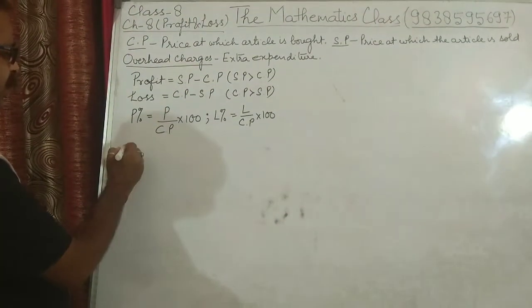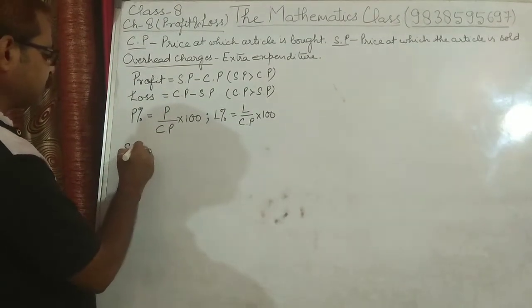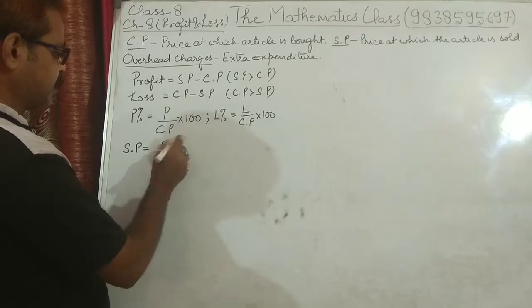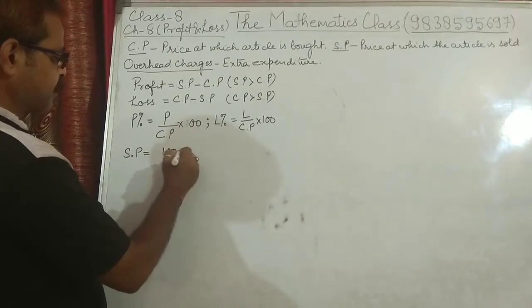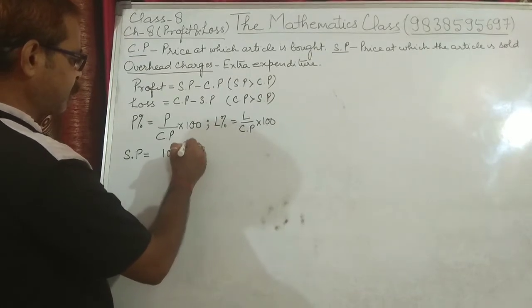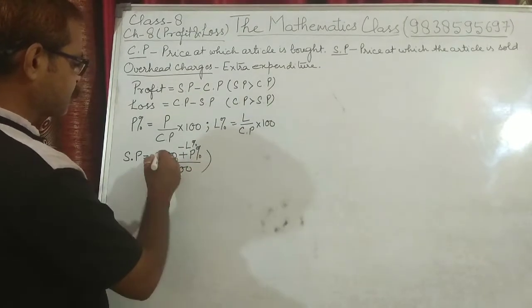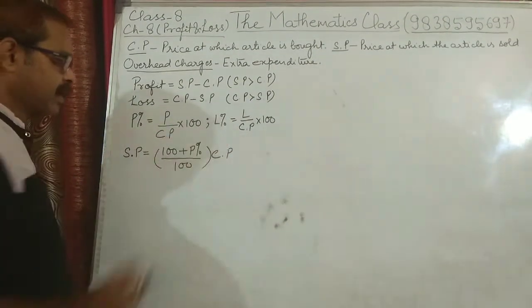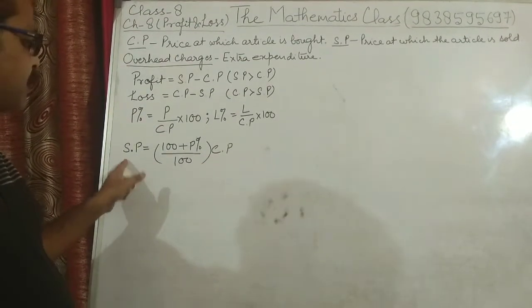Now there is one more formula that directly gives you selling price. Selling price is, if it is profit, then (100 plus profit percent) upon 100 into CP, or minus loss percent. What is the meaning of this? I'll discuss it later. If you know the profit percent and you know either CP or SP, you have to find one thing.